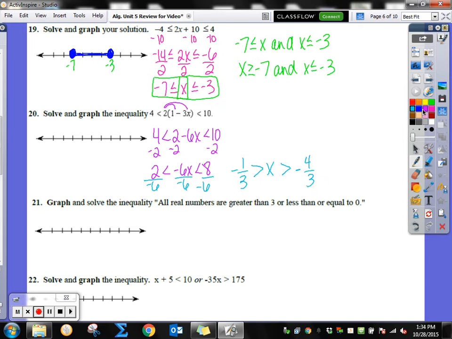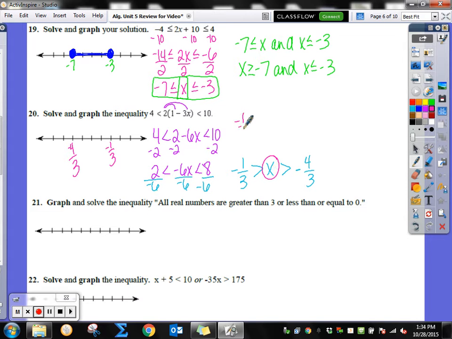So whenever I graph those, I'm going to come over here and put negative 1/3, because it's closer to 0, and negative 4/3. Then I'm also going to rewrite it. Remember, if you want to, you can always read from the middle. You can say x is greater than negative 4/3 and x is less than 1/3. So you have two options, but I'm going to rewrite it just for practice.